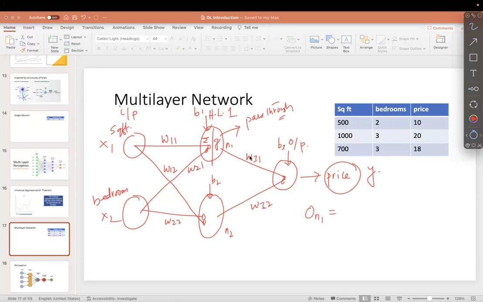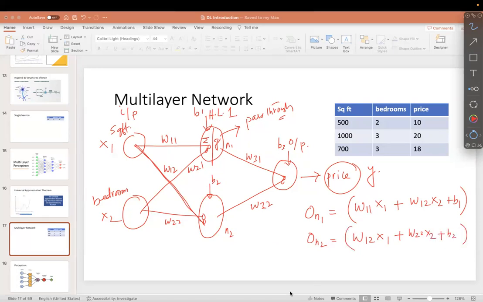So the output of the first neuron would be W11 X1 plus W12 X2 plus B1. And the output of the next neuron, ON2, would be W21 X1 plus W22 X2 plus B2.